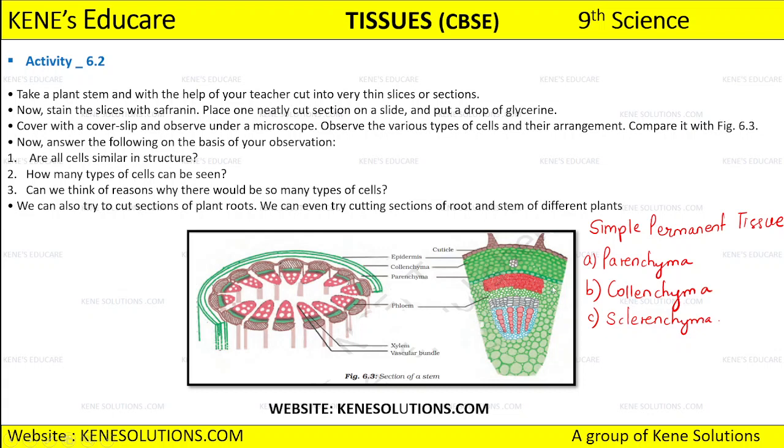After that, the second type of permanent tissue that we have is complex permanent tissue. So I'll write the name of this complex permanent tissue as well.